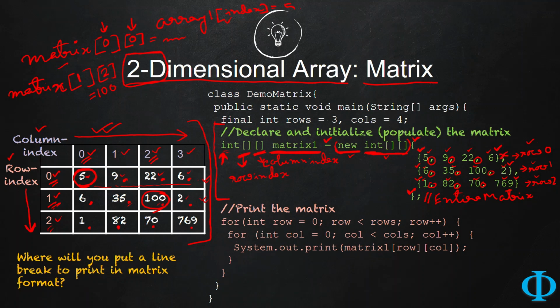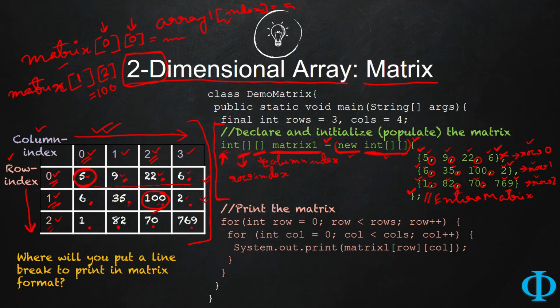So after finishing the assignment of the values in row 1, after the closing curly brace corresponding to row 1, you have to put a comma. To separate row 0, you have to put a comma, just as you can see in here.